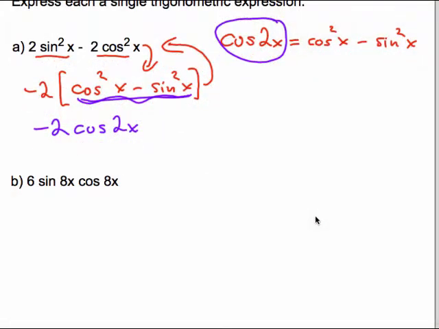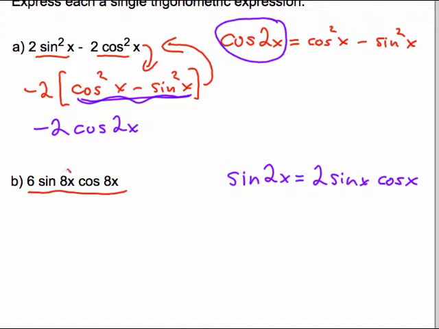Next identity, we have a constant times sine times cos. And again, with some experience, hopefully you'll click into, well, this is somewhat looking like the double angle for sine. Sine 2x is 2 sine x cosine x. So what we want to do is match the pattern with the actual values that we have here.